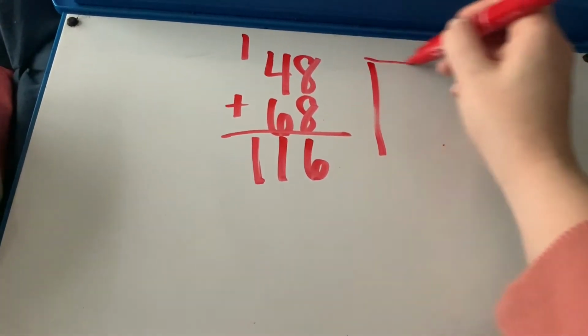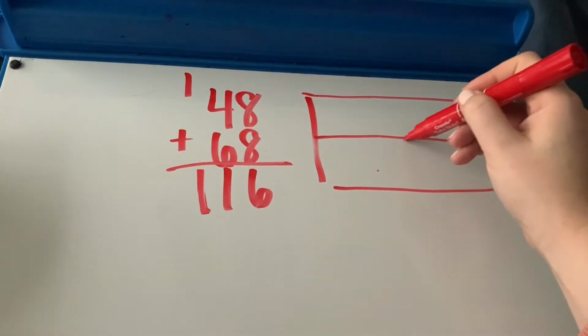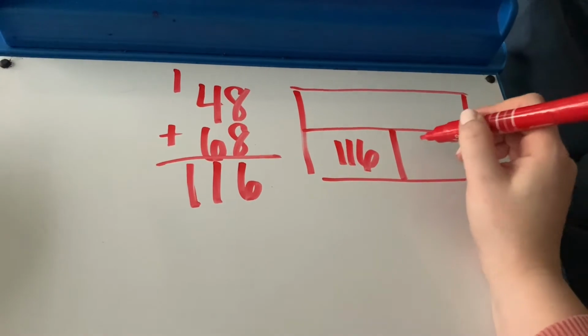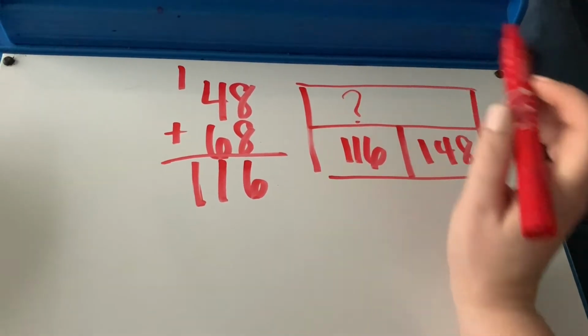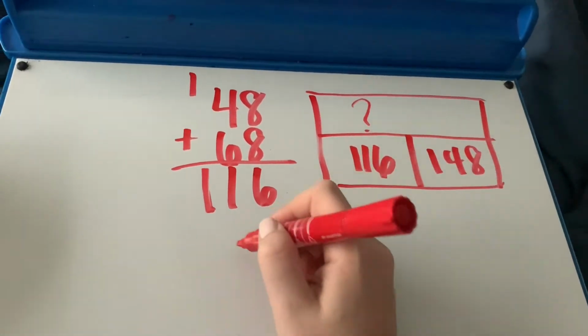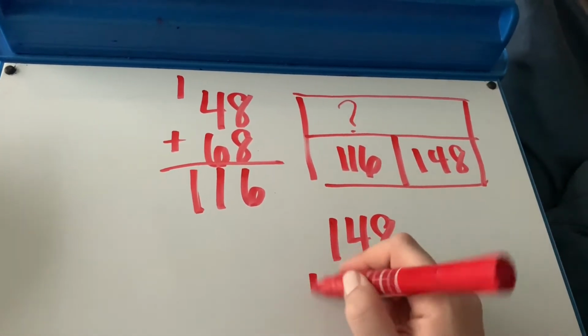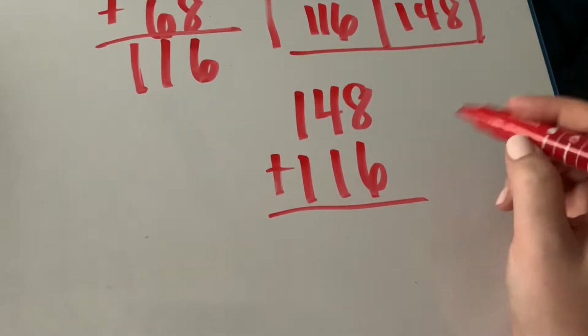So if I'm drawing my tape diagram, I know that 116 is here, and he has 148 also left over. So I need to find out how much he had in total. So I'm going to add 148 and 116.